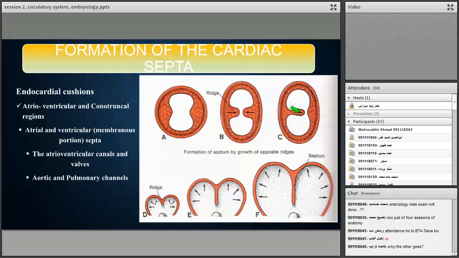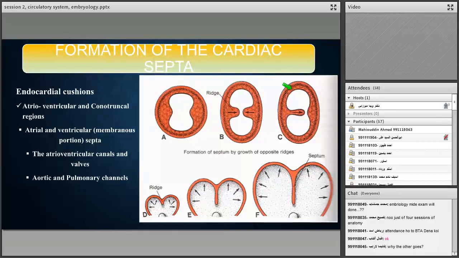In some parts we have the type B formation, and in some other parts we have type C. We will talk about each septum in detail, one by one. Now I'm just talking about the general method.